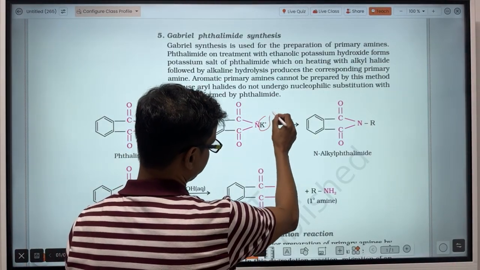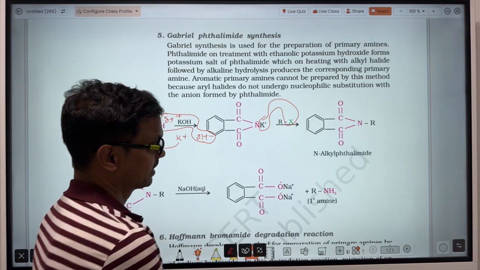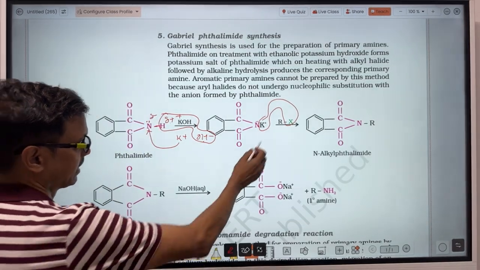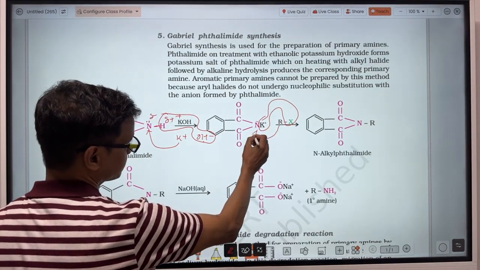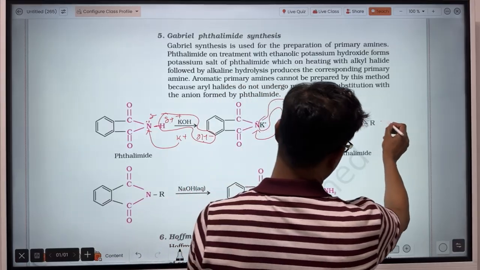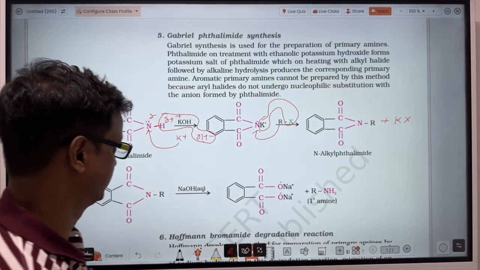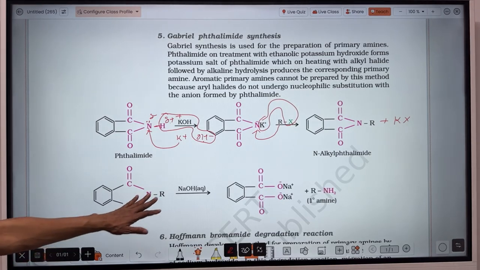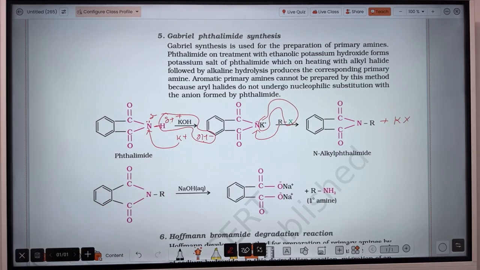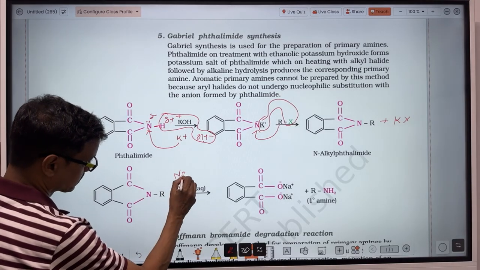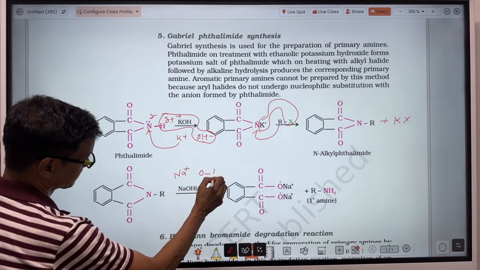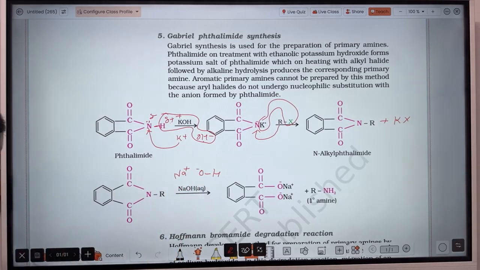Potassium will combine with this halogen to form KX, and the alkyl group will get bound to this nitrogen. Then when you treat with NaOH, there is sodium and OH minus, here is the negative charge.